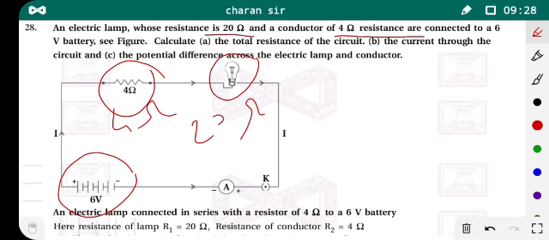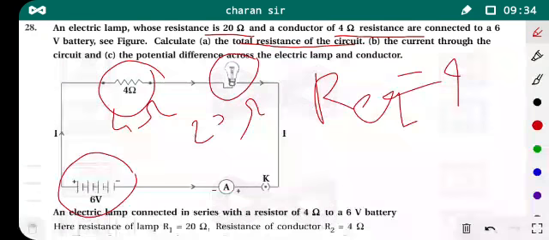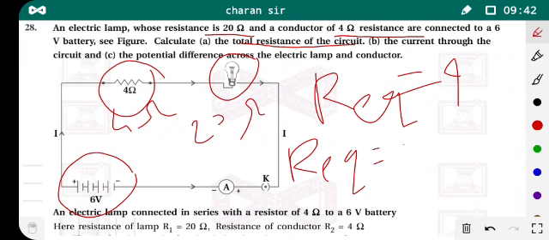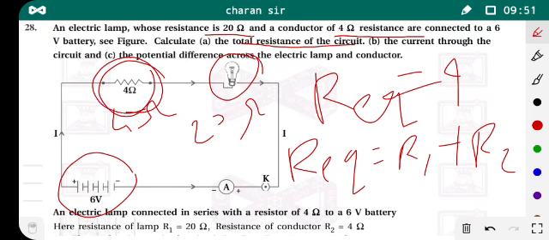Now we have to calculate the total resistance of the circuit. Now this circuit is a series combination. Now we have to find out what is the total resistance in the circuit. We know that in the series combination the equivalent resistance is given by the summation of the individual resistances. Okay, so here you have two resistors. This is 4 ohm and the second one is your electric bulb.